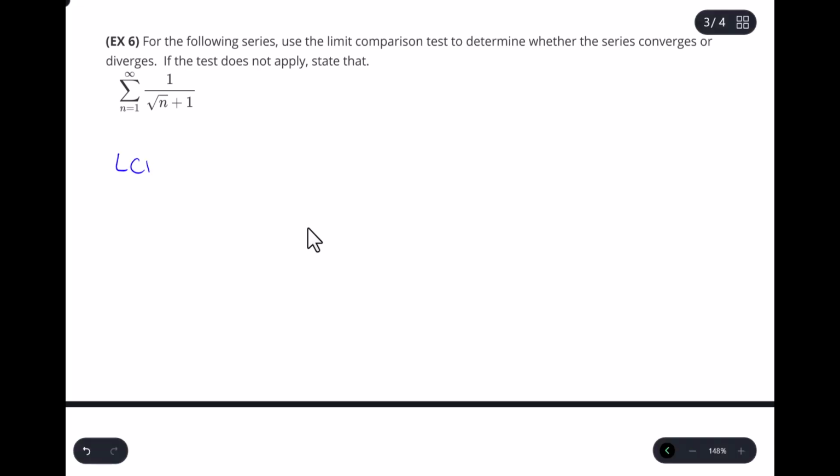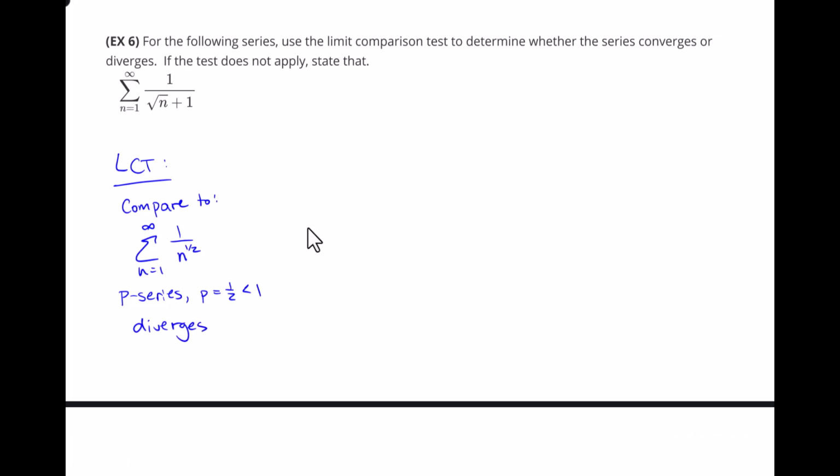So I'm going to use a comparison test, and in this case the limit comparison test, and I'm going to compare that to the series from n equals 1 to infinity of 1 over the square root of n, which would be the same as n to the 1/2 power, which would be a p-series with p equal to 1/2, which is less than 1, so it diverges. So I'm expecting the original series to diverge as well.